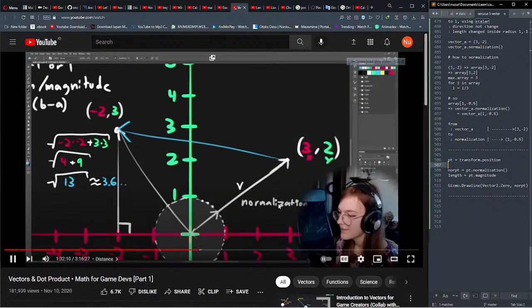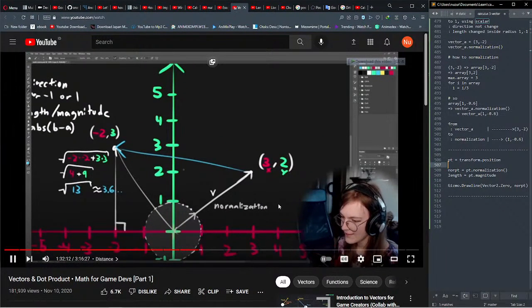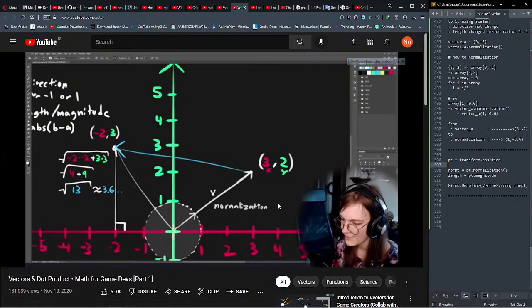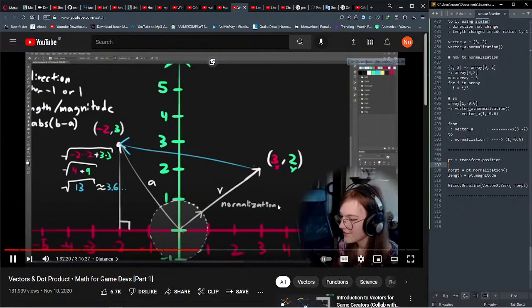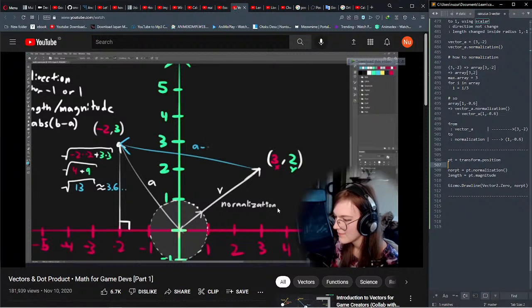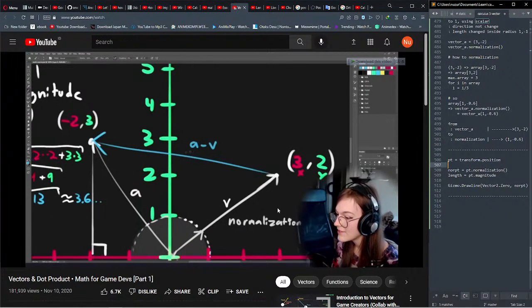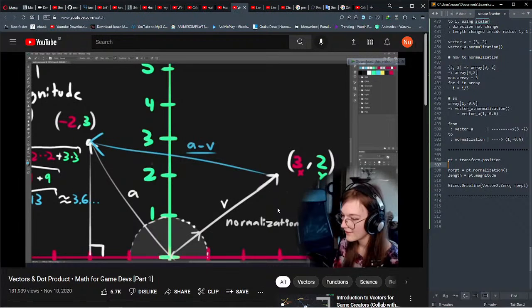We don't have names for these, so let's call them A and V. There we go. So in this case, this vector right here would be A minus V, right? A minus V. So now we have the difference between these 2 points, right?